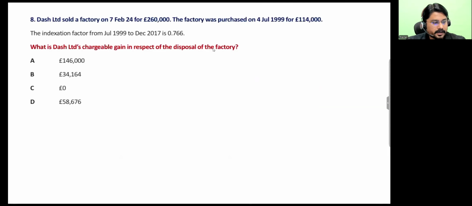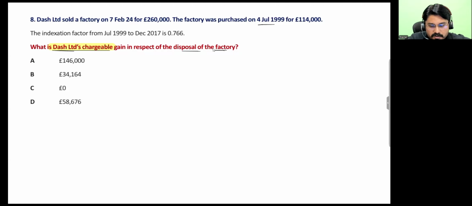Here we have the next question in front of us. This question is from company's chargeable gains, and the requirement is: what is D Limited's chargeable gain in respect of the disposal of the factory? If you remember the concept of indexation allowance, it is added to the cost of the asset, but for those assets purchased before 31st December 2017.